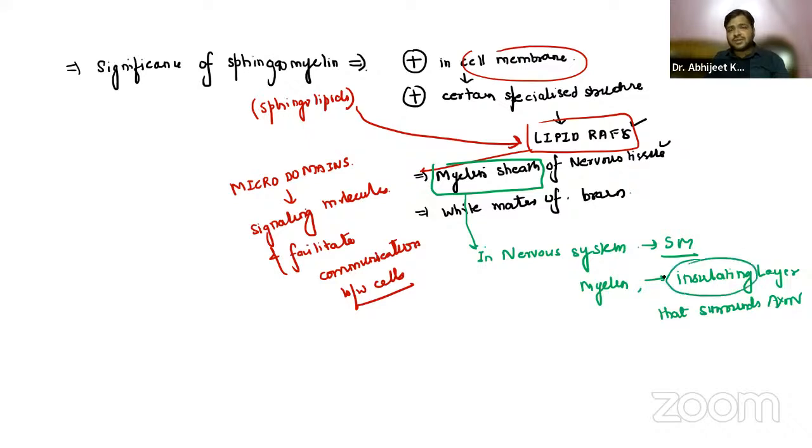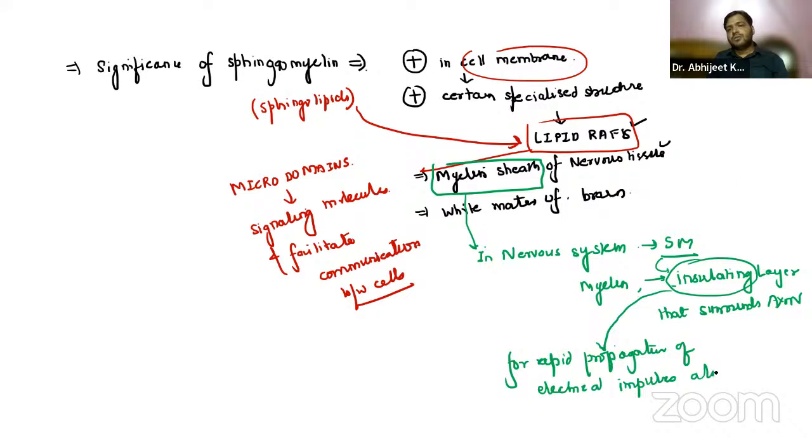Now this insulation is basically due to the sphingomyelin, and that insulation is essential. Why is this insulation essential according to physiology? For the rapid propagation of electrical impulses along nerve fibers. That is again very, very important.